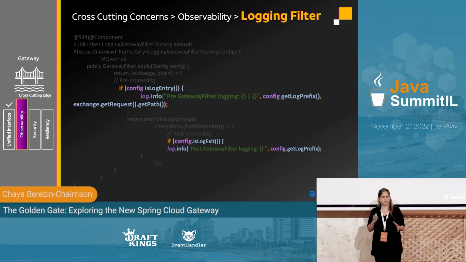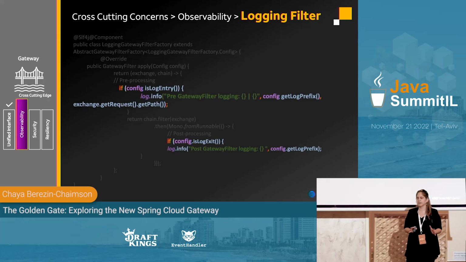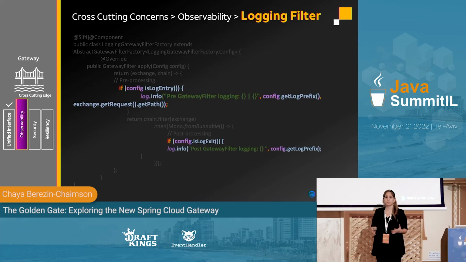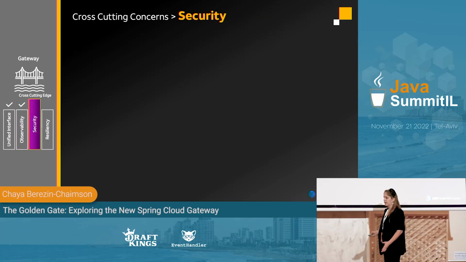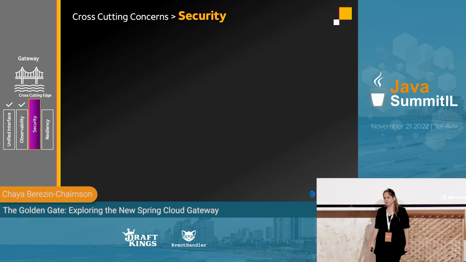Now, the code here is a bit complex, polluted with Mono and Flux, and this is due to the fact that Spring Cloud Gateway is built on top of Spring WebFlux, which means the code here uses Project Reactor. So this is just as a side note to your awareness. Okay, so observability is checked, and so is any other cross-cutting concern that we want to handle. Now, let's talk about the security of our system.